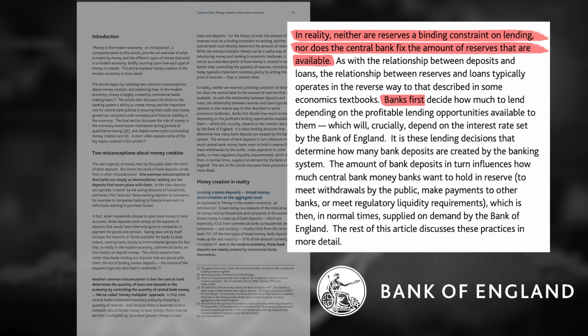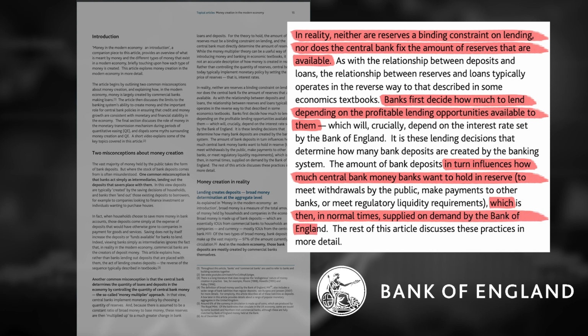Banks first decide how much to lend depending on the profitable lending opportunities available to them. This in turn influences how much central bank money banks want to hold in reserve, which then in normal times is supplied on demand by the Bank of England.